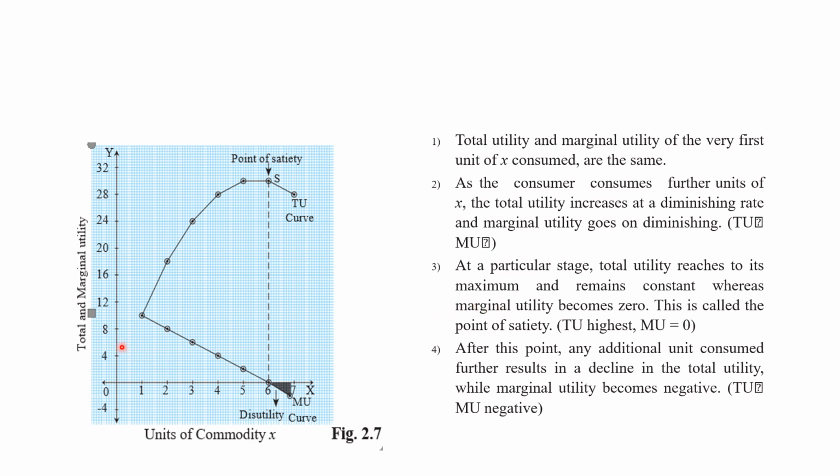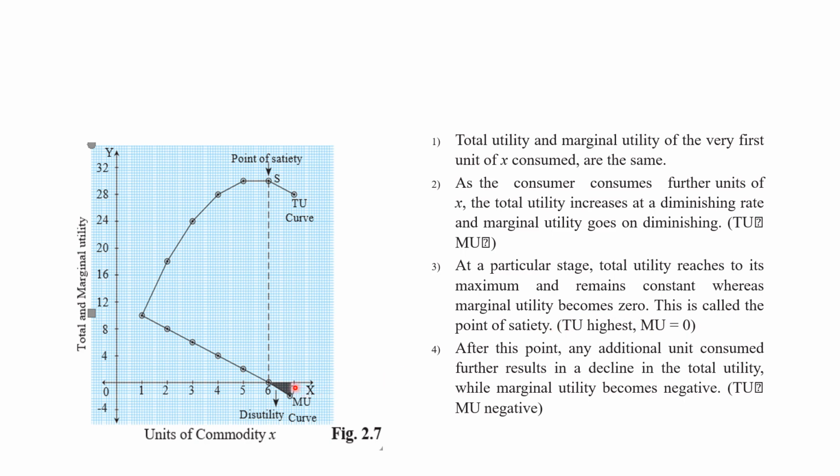It started from 8, 10, 10, then after that 16, 17, 18, then 20, like that it goes on increasing, and here marginal utility goes on decreasing. At a particular stage, total utility reaches its maximum and remains constant. At a certain point it reached maximum satisfaction and remains constant, it doesn't change.